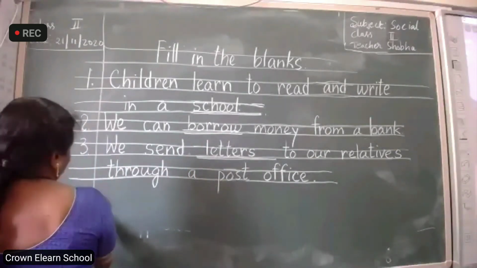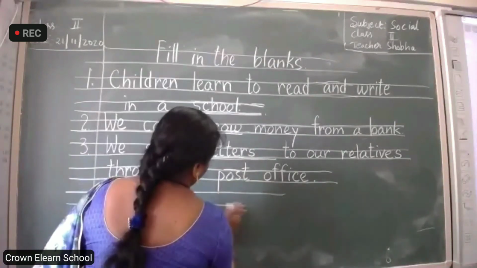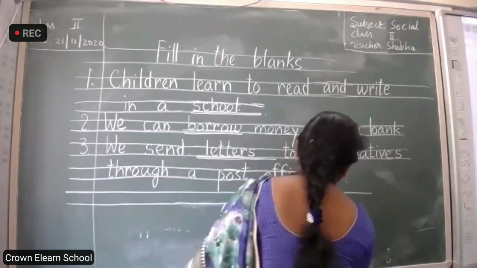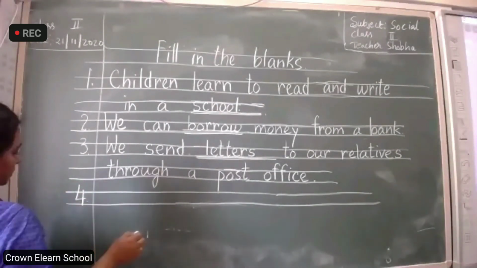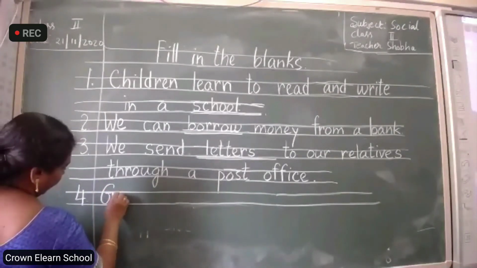Okay. So next, fourth sentence, fourth blank. After third one, leave a line. Fourth one. Starting of a sentence, Gurudwara, G capital.